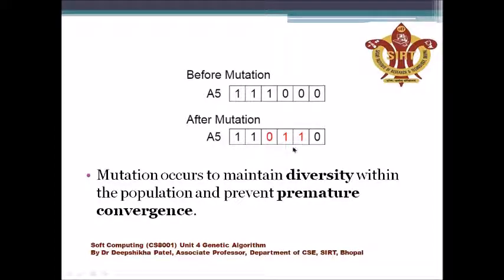So the chances of survival of A5 after mutation are greater. Convergence is the condition when our algorithm terminates, so in order to prevent premature convergence or premature termination, we perform mutation.